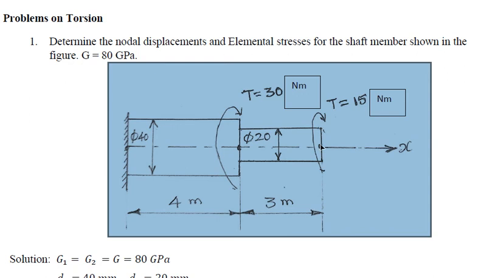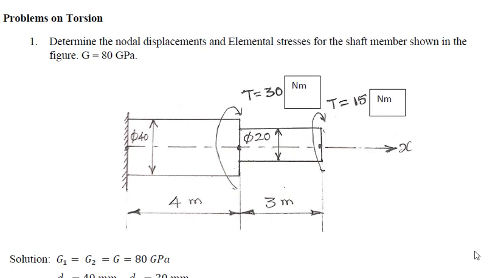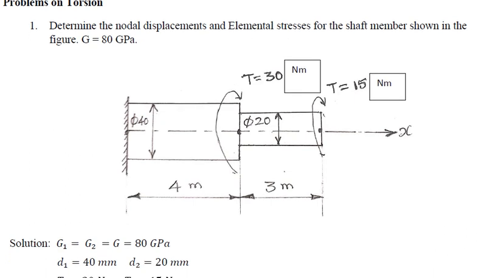The analysis is the same as that of the bar. The modulus of rigidity is given, which is 80 GPa. The only thing we have to do is find J and substitute it in the stiffness matrix expression.